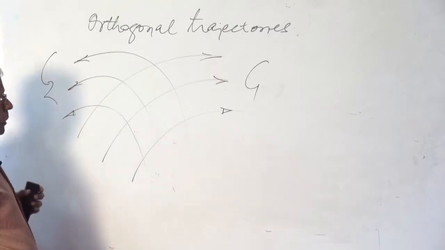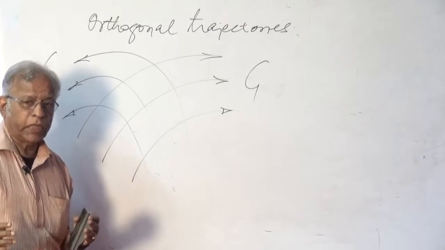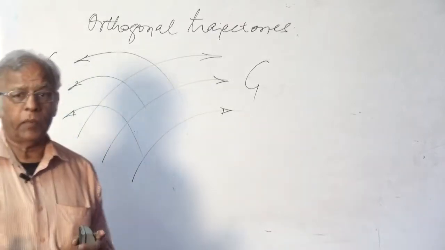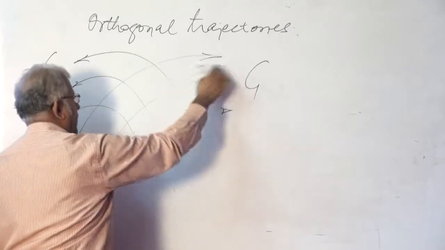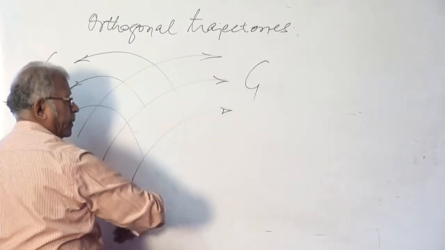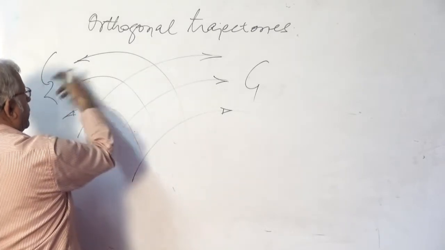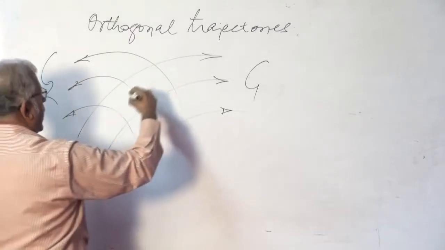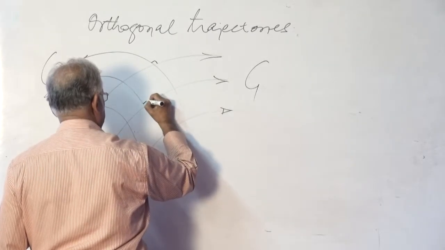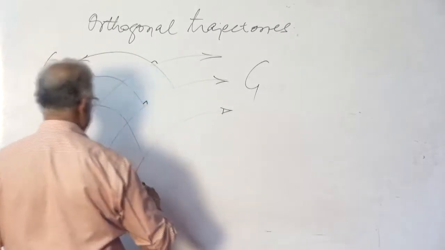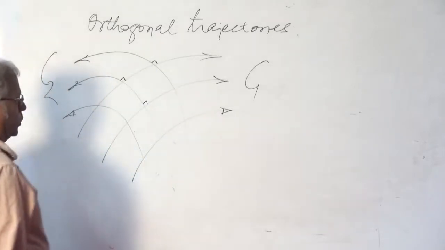Now, we say that C1 and C2 form a set of orthogonal trajectory pairs when each member of C1, we've just drawn three, there will be many others, is intersected by any member of C2 at right angles. In other words, these angles are all 90 degrees. This looks very close to 90. The others don't look so fine, but the principle can be understood.